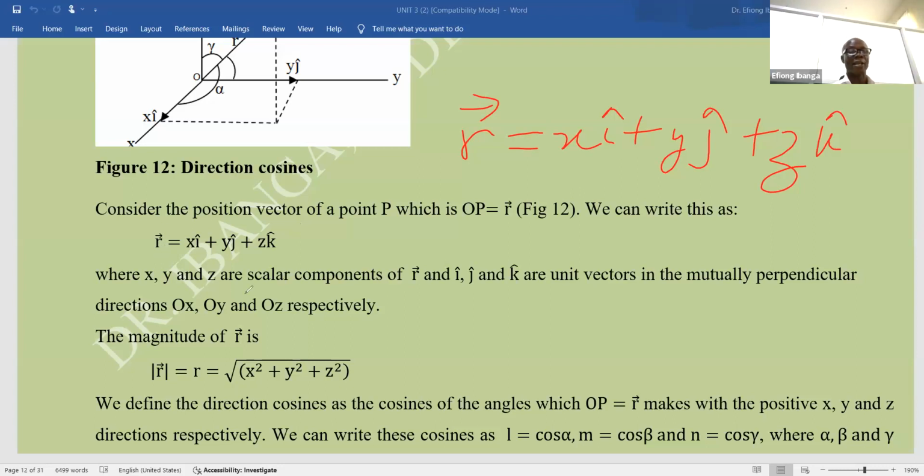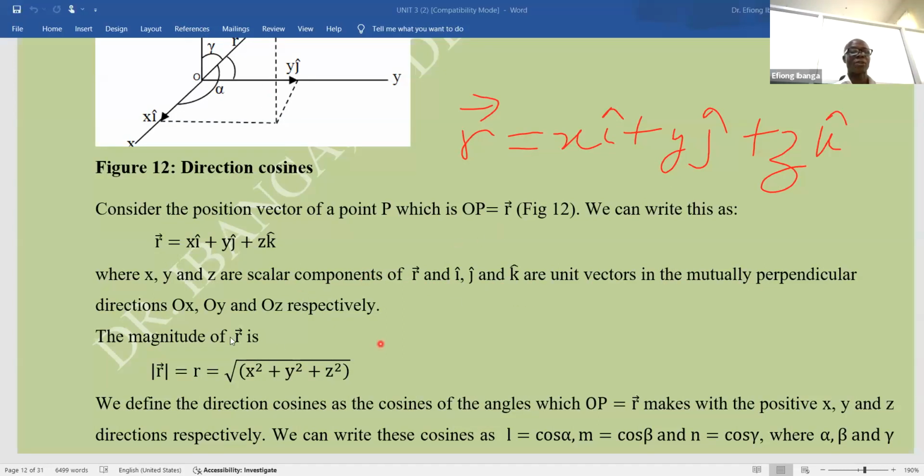X, Y, and Z are scalar components of R in the directions X, Y, and Z. And I, J, and K are unit vectors in the mutually perpendicular directions, that is along the X, Y, and Z direction. Now you understand that.